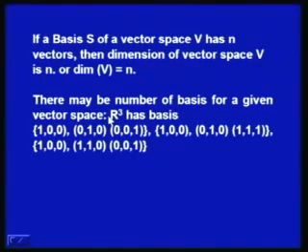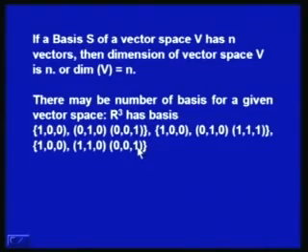Therefore, there may be a number of bases for a given vector space. Like, we will have 1 0 0, 0 1 0, 0 0 1 is a basis for R3. We can have another basis 1 0 0, 0 1 0, 1 1 1 is also a basis for R3. 1 0 0, 1 1 0, 0 0 1 is also a basis for R3.